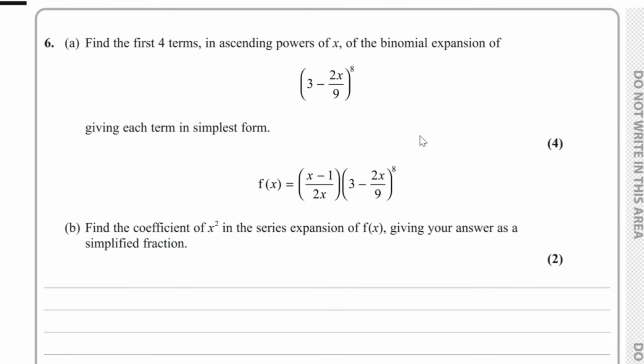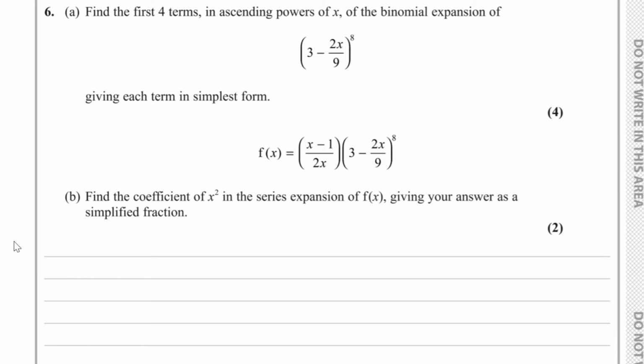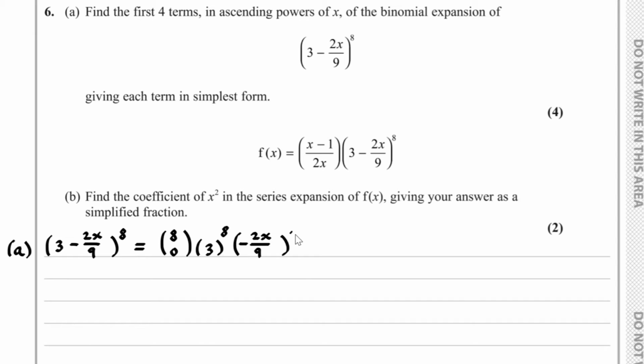And so when we come to use the binomial expansion for 3 subtract 2x over 9 to the power of 8, we have 8 choose 0 multiplied by 3 to the power of 8 multiplied by negative 2x over 9 to the power of 0.